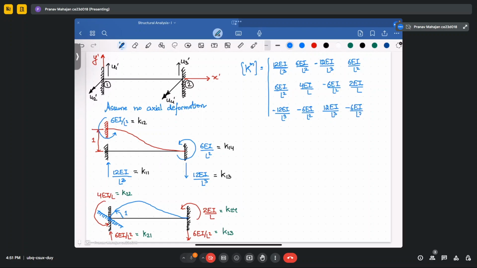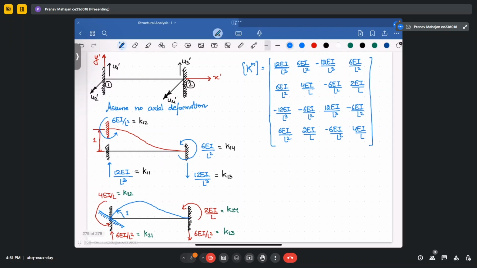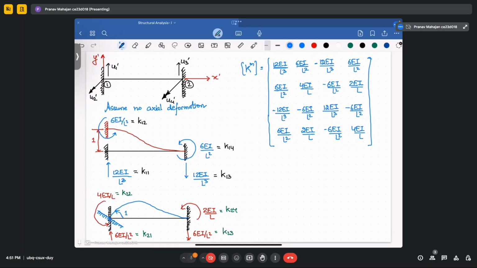Whereas due to rotations, you will receive the value as 6 EI upon L square, and this will be 2 EI upon L, and this will be minus 6 EI upon L square, and this will be 4 EI upon L. Okay. So this is your final stiffness matrix in case of bending, when the axial deformation is not allowed.